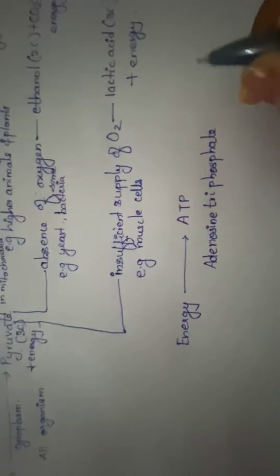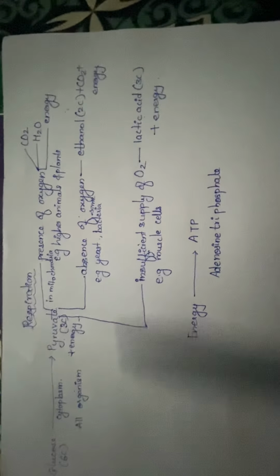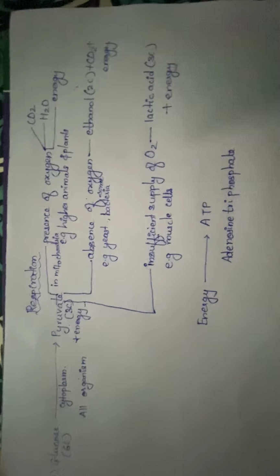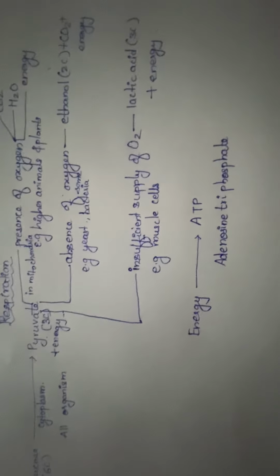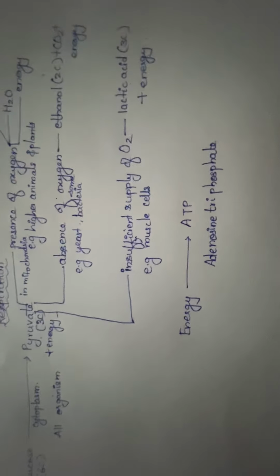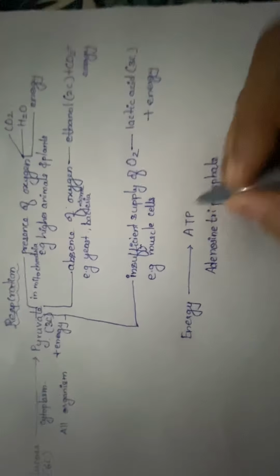What is this ATP? You can say the energy liberated during the breaking down of glucose is converted into a molecule, ATP. Why is it converted? Because this ATP molecule is then utilized as a currency, or you can say a fuel.